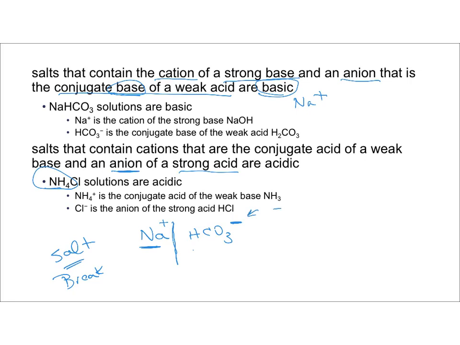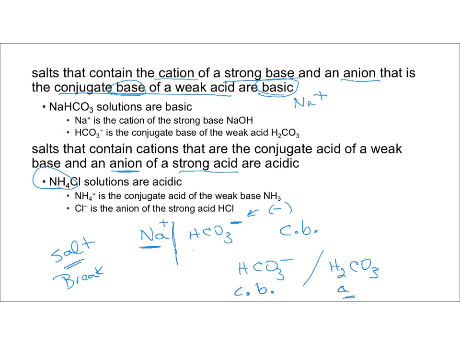Because this has a negative charge, this is going to be the conjugate base of something. To figure out what it is the conjugate base of, remember that conjugate bases are just related by an H+. So if this is a base, its conjugate acid is H2CO3. So what are we going to do? We're going to calculate the K that we need from the K that we are given.